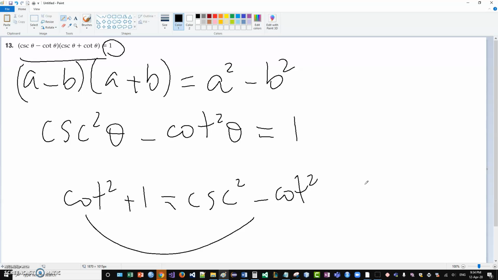And right here we expanded the brackets using the difference of two squares, and I think we've used Pythagorean identities. So anyway, for different exercises, you can use different Pythagorean identities or reciprocal identities, or any identity that you think is fit for that exercise.